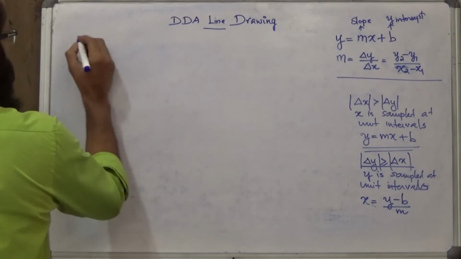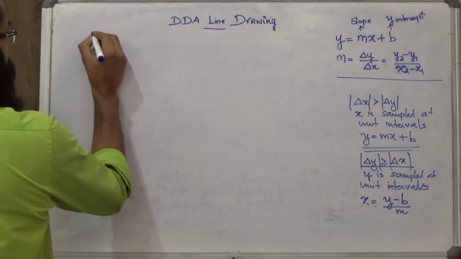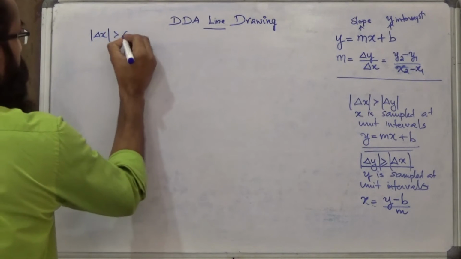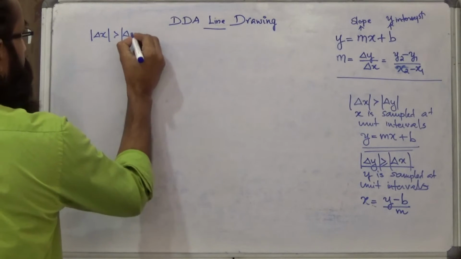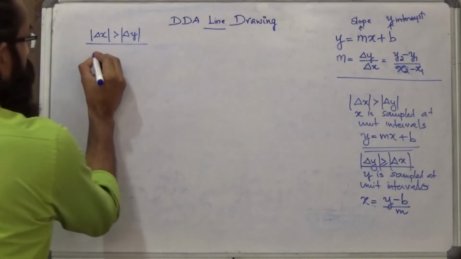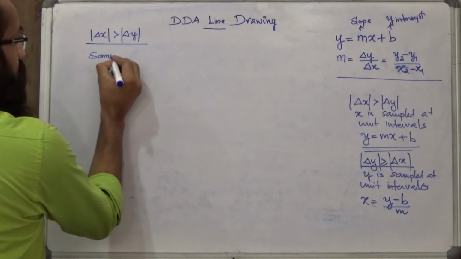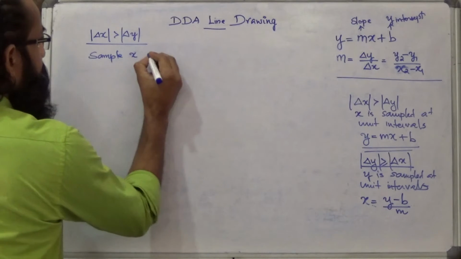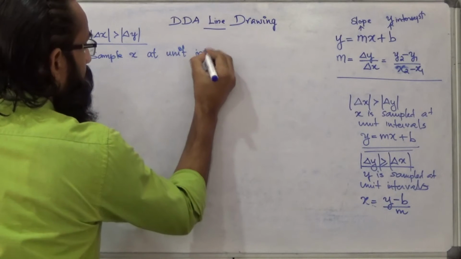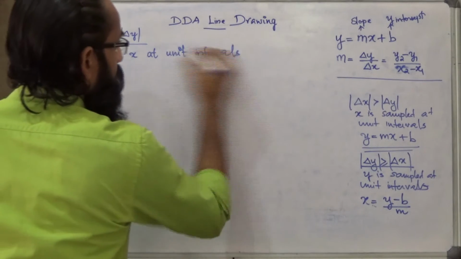Now first you can consider modulus of delta x greater than modulus of delta y. So in this case you have to sample x at unit intervals.